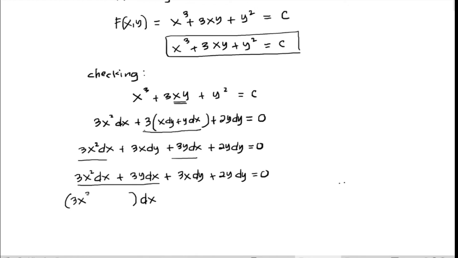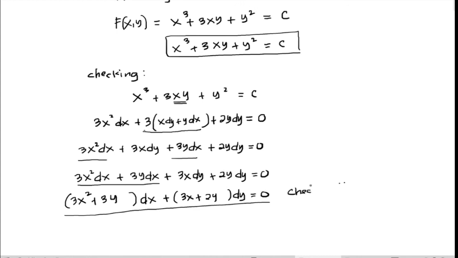We have here 3x squared plus 3y. For the last two terms, we have here the common is dy, and again, the coefficients of dy are 3x and 2y. You notice this differential equation is the given problem. Therefore, our answer is check.